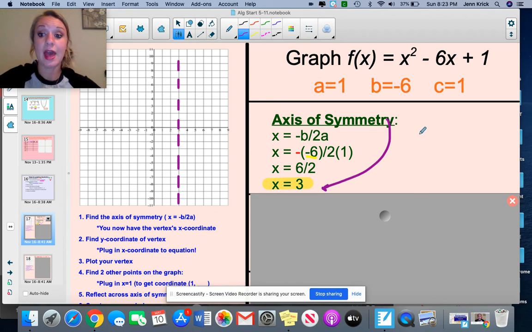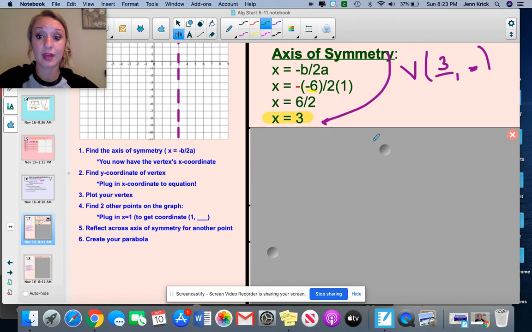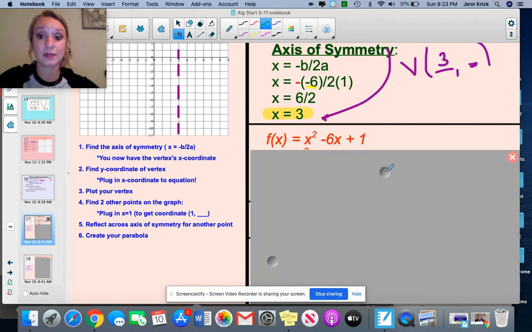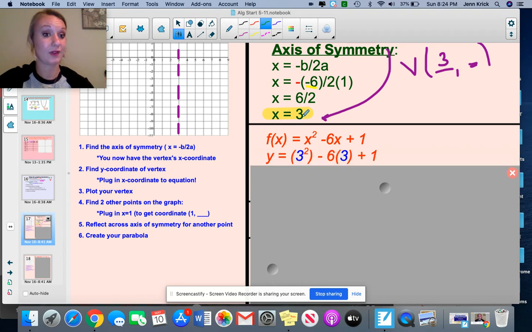I can go draw that in on my graph right now. There we go. I also know that for my vertex, I actually have my x coordinate. It's 3. I just need to find my y coordinate so I know where to plot my vertex on my graph. So as I told you in your steps, let's start back with our original equation. And you're going to take out the x value and you're going to plug in 3 because we just found that coordinate right there.